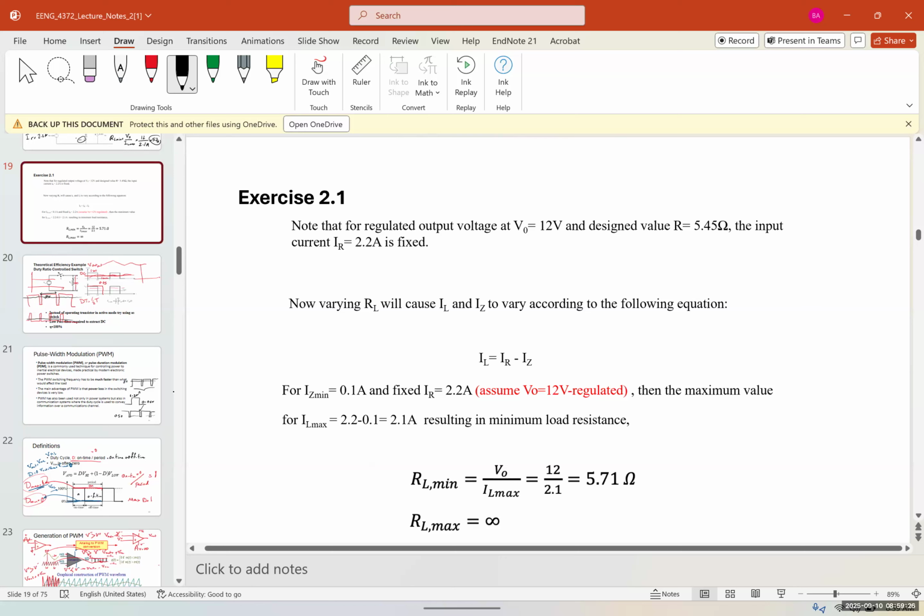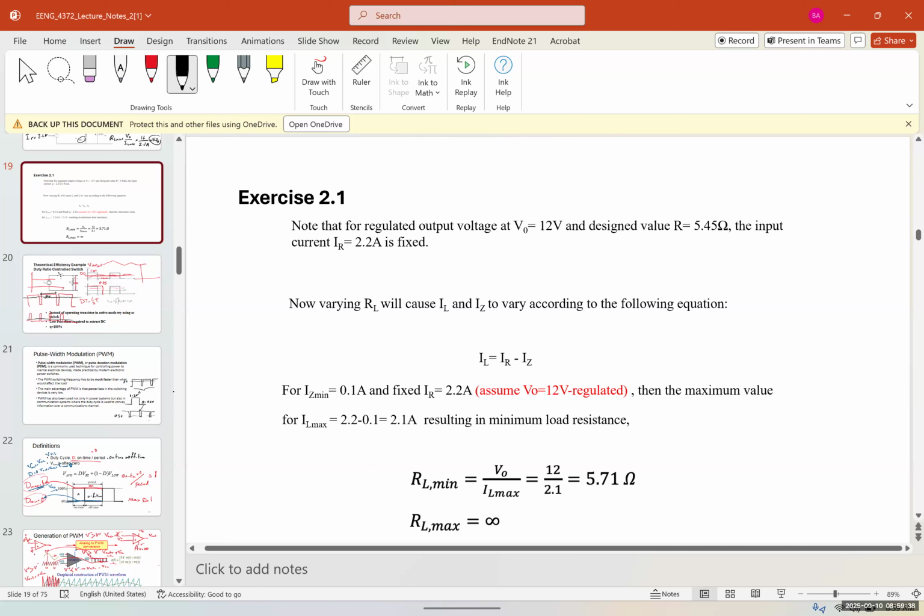So note that for a regulated output voltage of V out of 12 volts and a design value of R, the input current is fixed at 2.2 amps. Now varying RL will cause IL and IZ to vary according to the following equation. IL would be IR minus IZ, using Kirchhoff's current law.